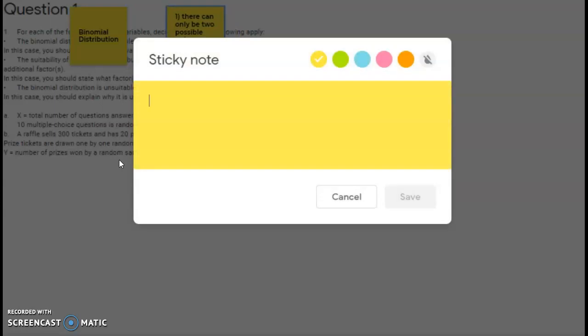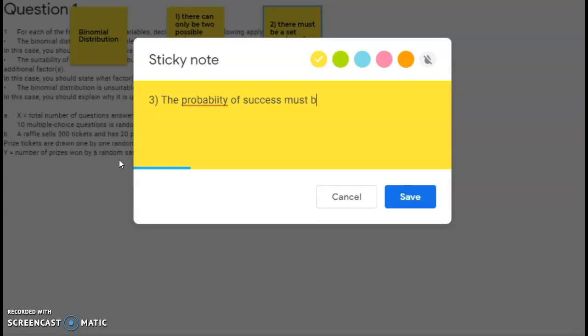The second one said that there must be a set number of trials, and this is what is known as n. And the final one was that the probability of success must be constant, and we called that P.